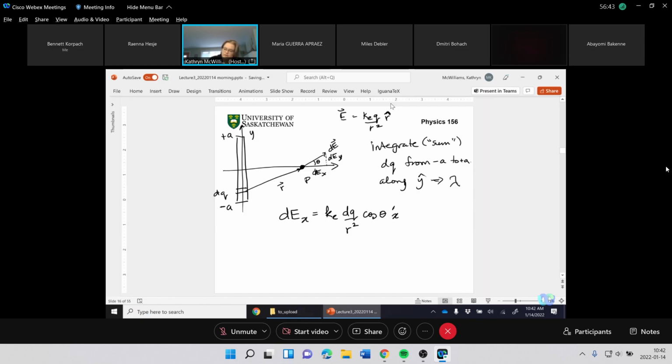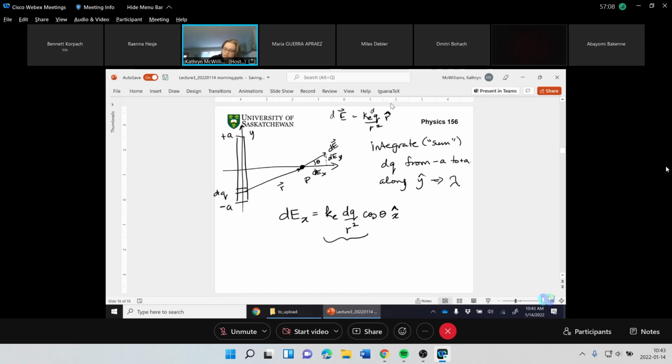And this points us in the x hat direction. Is everybody okay with that? We're writing this out with d's basically in front of the E and the Q. And then we take the X component of it because that's the only thing we need to add up here. Okay, I see some thumbs up. That's good. Thank you, everybody.